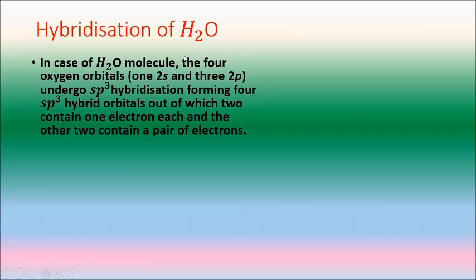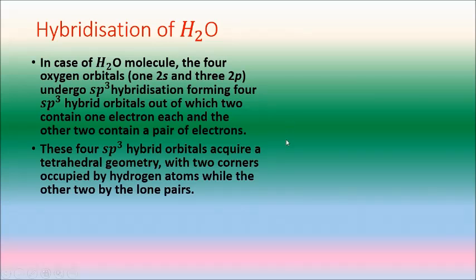So we'll write the electronic configuration 1s2, 2s2, 2p4. And we can understand with that outermost shell that there are only 2 unpaired electrons. So when the hybridization is done between the s and the p orbitals, we will get 4 sp3 hybrid orbitals, out of which 2 will have 1 electron each, and the other 2 will have a pair of electrons.